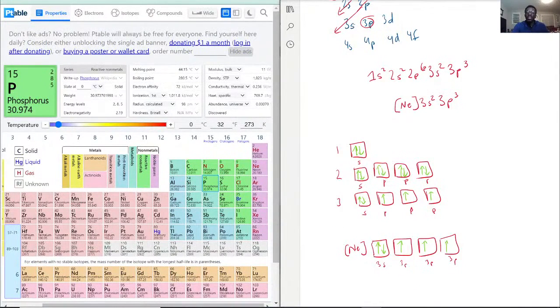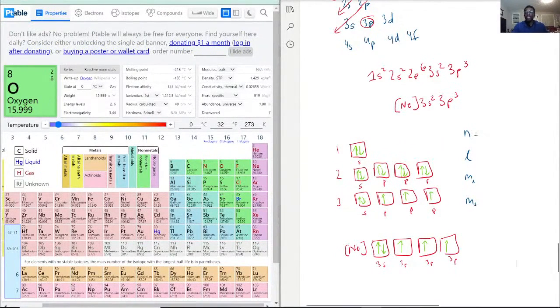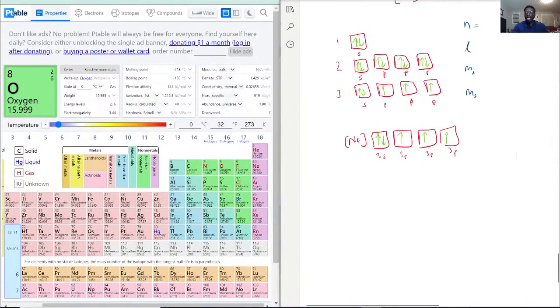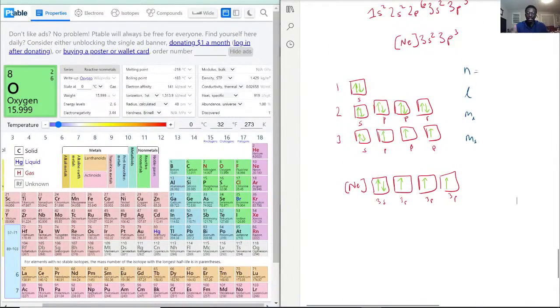So now they're asking us for the possible quantum numbers for it. As a review, there are 4 quantum numbers, as I mentioned. We have the n, the l, ml, and ms. So n tells you what shell we're on, and they specifically ask for the quantum numbers in the valence shell, so past neon.